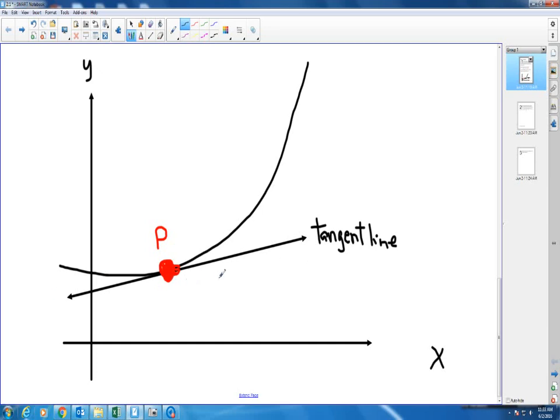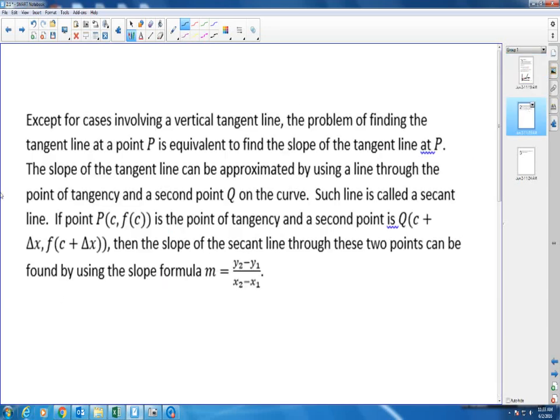Now, because a tangent line only intersects the curve at one point, I need two points to formulate an equation for this particular straight line. So, except for cases involving a vertical tangent line, the problem of finding a tangent line at point P is equivalent to finding the slope of the tangent line at that point P.